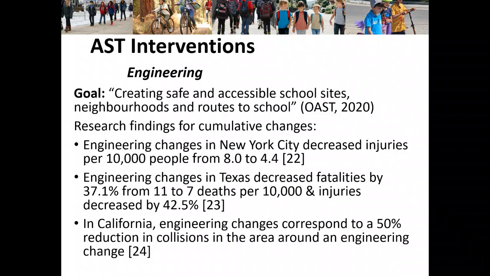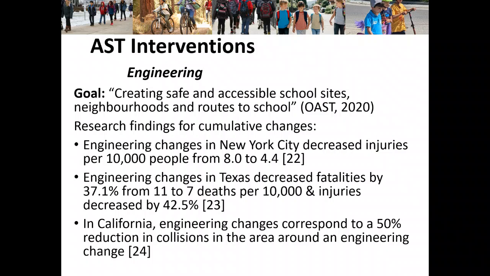And this kind of takes us to engineering. And engineering is one of those big things. People usually start school travel planning, for instance, because they want those engineering changes to happen. They want to see this big money spent in their community, which is a great idea. Now, engineering changes in New York City, for instance, have been, let me take a step back.